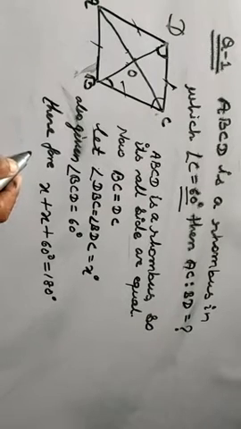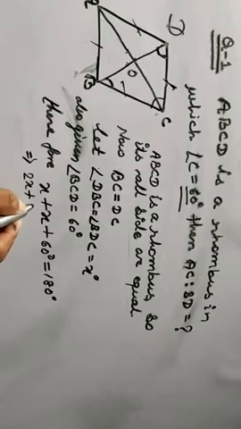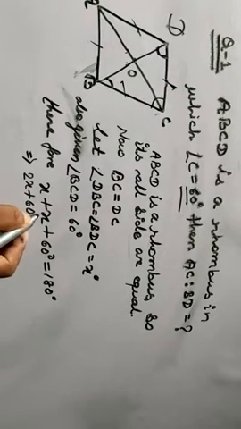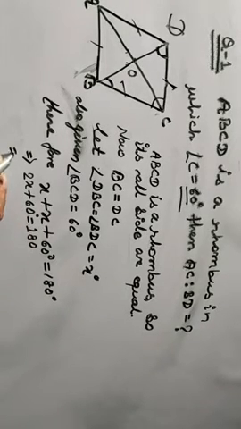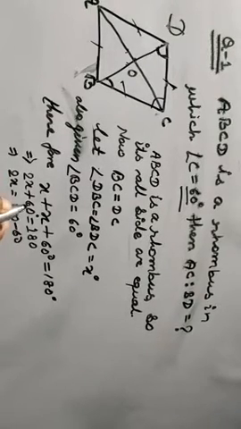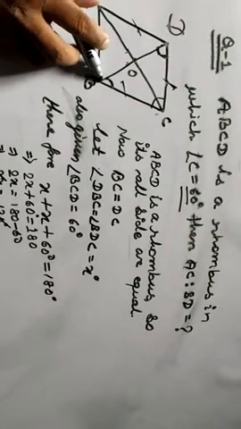Let's find the value of x. 2x equal to 180 minus 60, which is 120, then you will get x equal to 60 degree. We found x equal to 60 degree. This one 60 degree, this one 60 degree, and this one 60 degree we got.